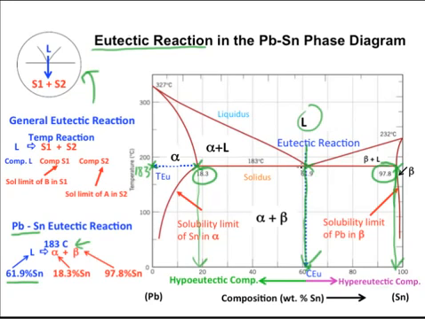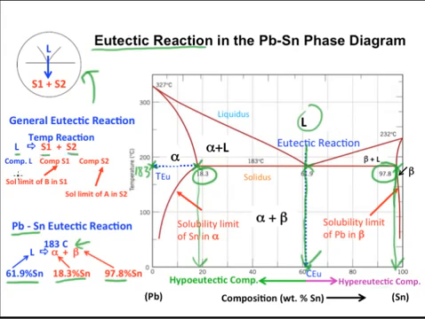Alpha, remember we found it over here, was 18.3% tin, and beta, which was over here, was 97.8% tin.